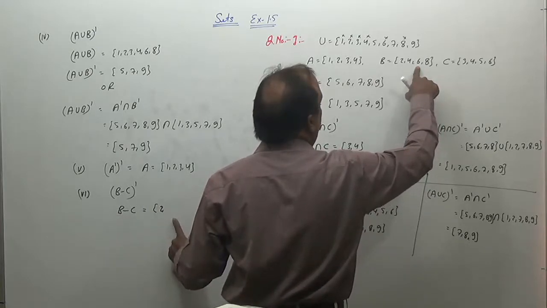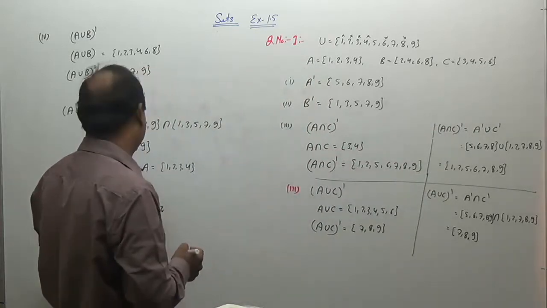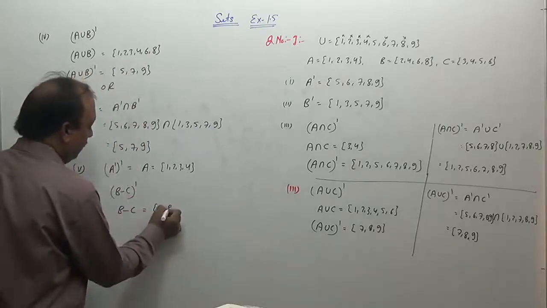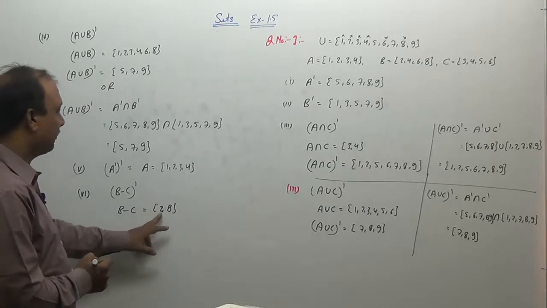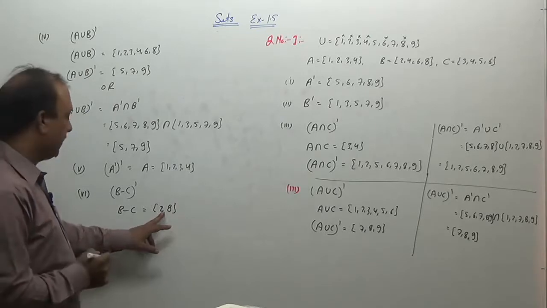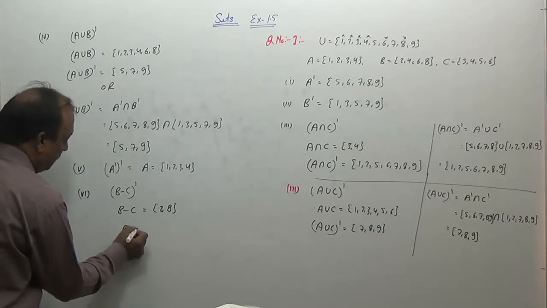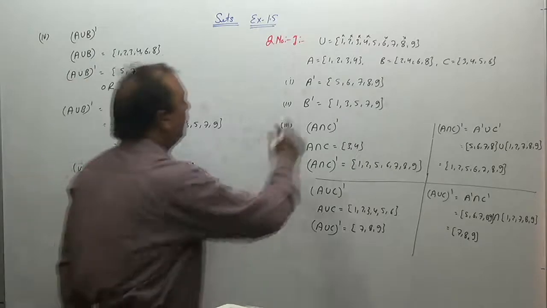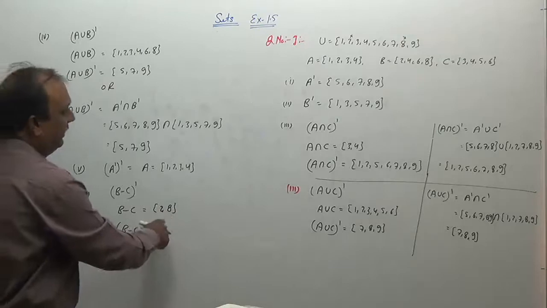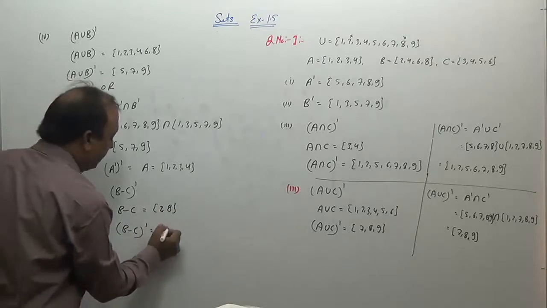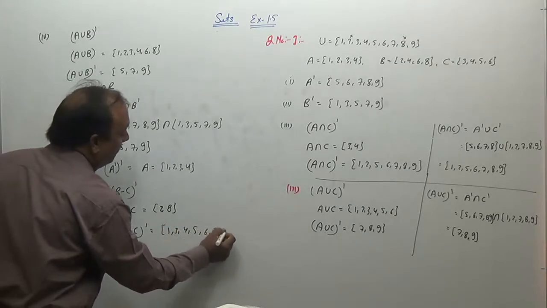Next is 6. 6 is not an element of B and C, so we cannot take 6 in B minus C. Next element is 8. So B minus C is the set which contains the elements of set B only, so here only 2 and 8 are the elements. Now you have to note the complement. B minus C complement: in the universal set, all elements except 2 and 8 form the complement of B minus C. That is the set 1, 3, 4, 5, 6, 7 and 9.